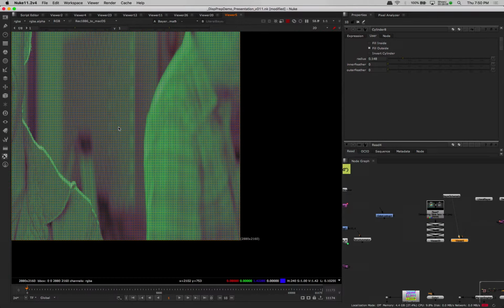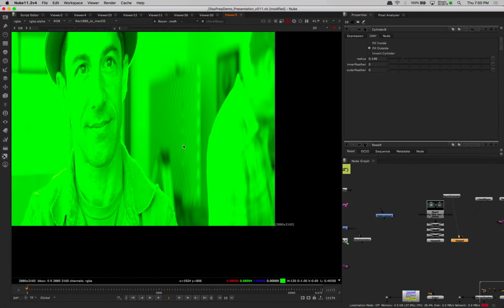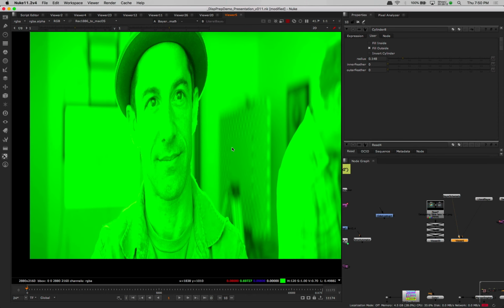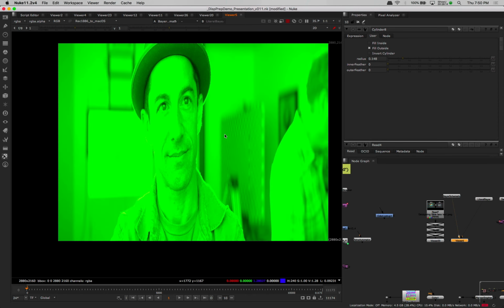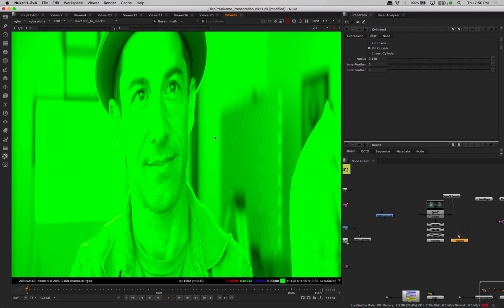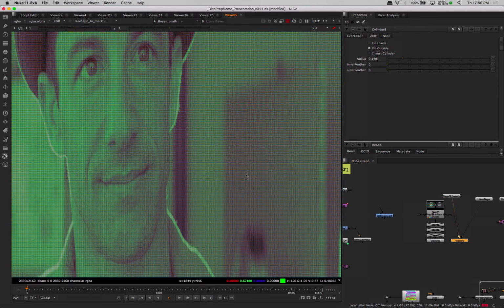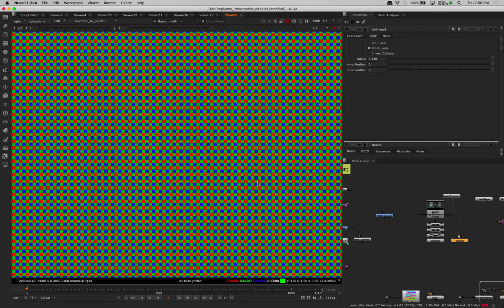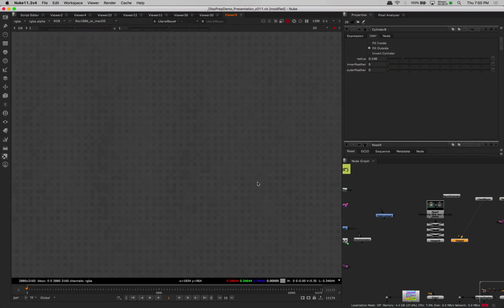And when you zoom out, you see our ASC colleague Jaron Presant, anamorphically squeezed. And also the viewer's going crazy. The reason the viewer's going crazy is because the viewer is doing a non-optimized resize right now as I zoom out, and it is not expecting a Bayer pattern. It's expecting RGB, so it's going crazy. But again, this is just schematically what's happening. That's not what literally happens with Bayer.